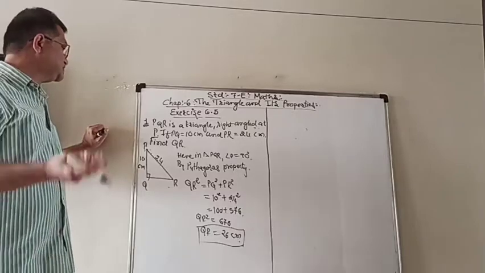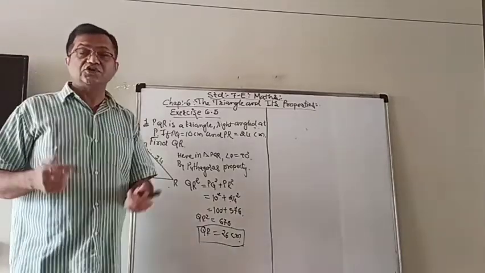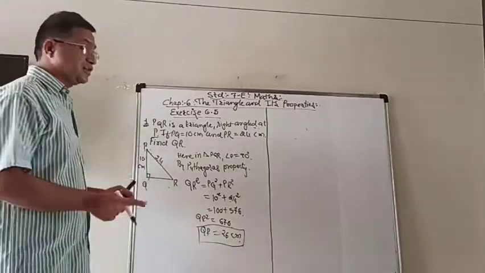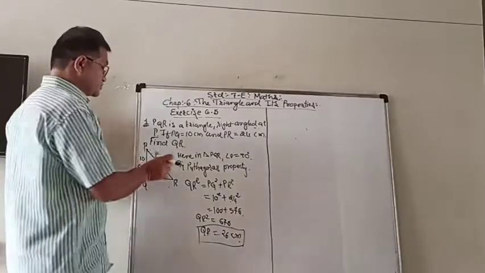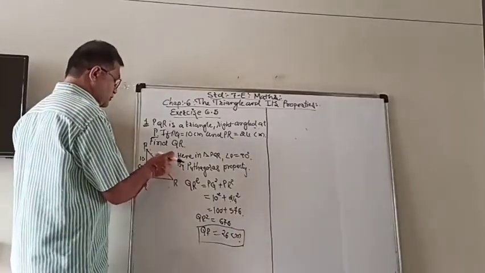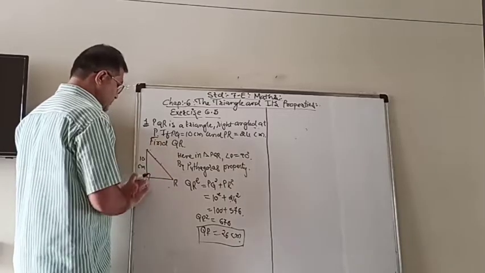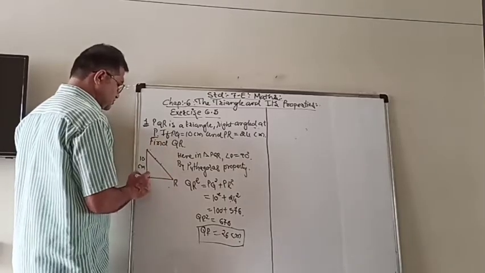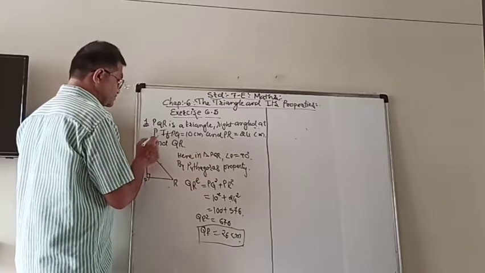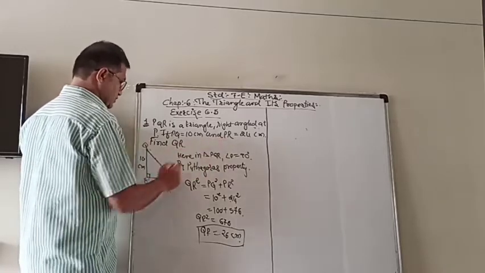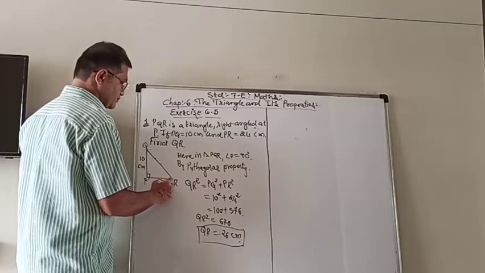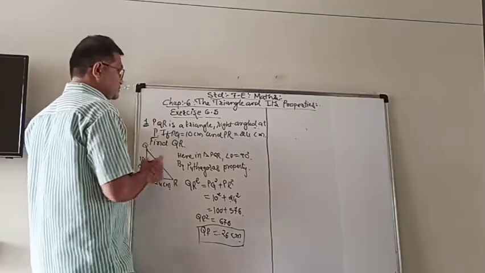Then you will say, sir, something is wrong, the answer is not coming, because the naming is wrong. P must be here, because the right angle is at P, and otherwise you will not get the right answer. That is the main thing.